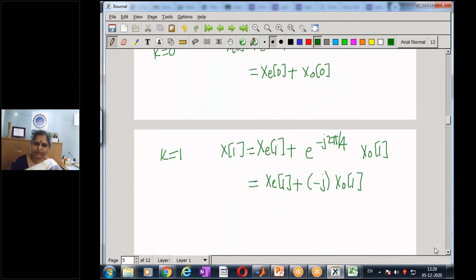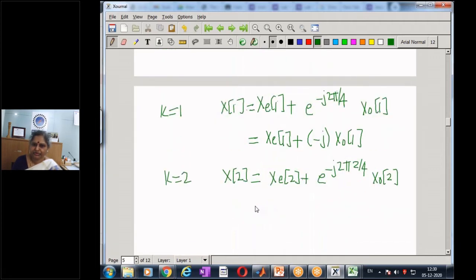Next, let me put k equal to 2 to get x of 2. And how much is that? Xe of 2 plus e to the power of minus j 2 pi, k is 2, so 2 pi 2 by 4, x0 of 2. Now, what is xe of 2?